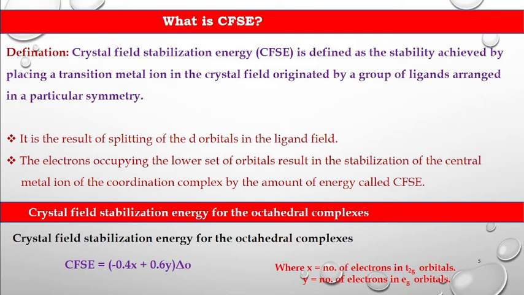And how do we calculate the CFSE? We can calculate it from this formula: CFSE is equal to minus 0.4 x plus 0.6 y delta naught. x means the number of electrons in t2g orbitals, y means the number of electrons in eg orbitals.